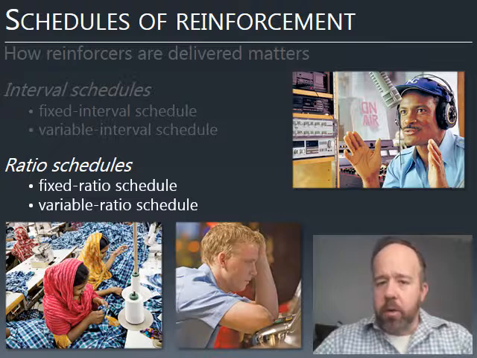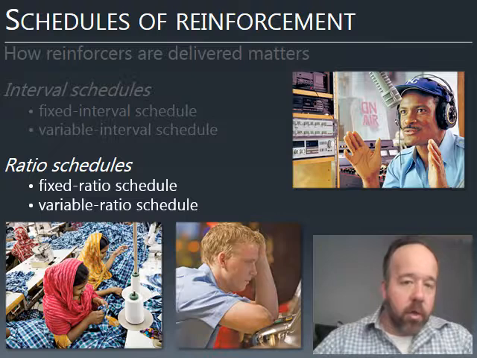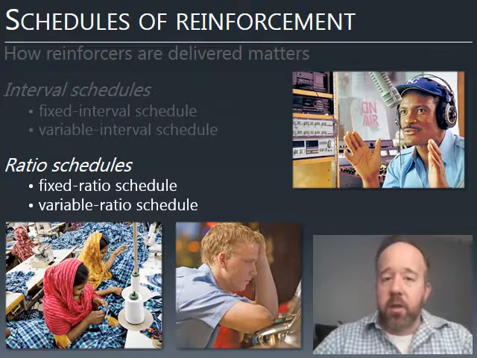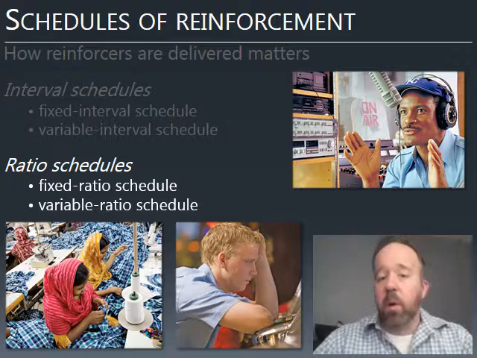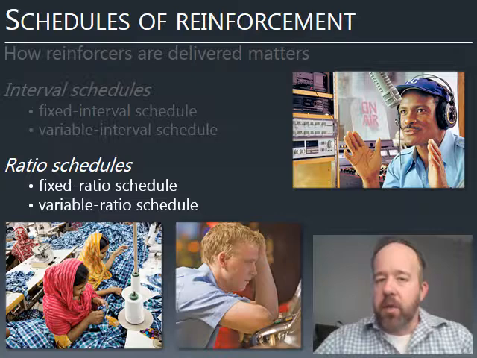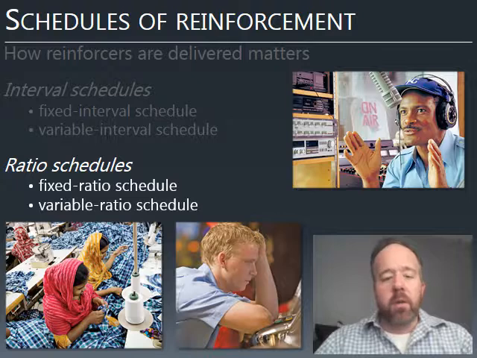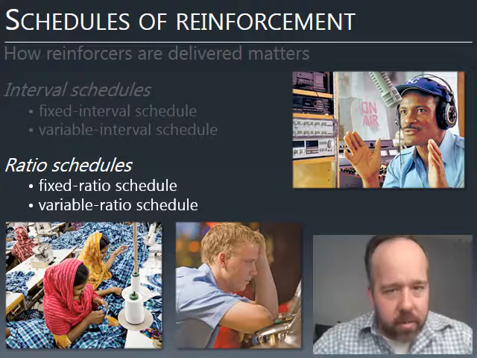And variable ratio schedules are notoriously hard to extinguish. All of these schedules of reinforcement can be extinguished, just like classical conditioning can be extinguished. But what Skinner found out was that while the conditioned stimulus and an unconditioned stimulus can be paired every time and then unpaired, and the animal will unlearn the association fairly quickly, when responses aren't rewarded every time, it may take a while to learn that association, but it also takes a lot longer to unlearn it.